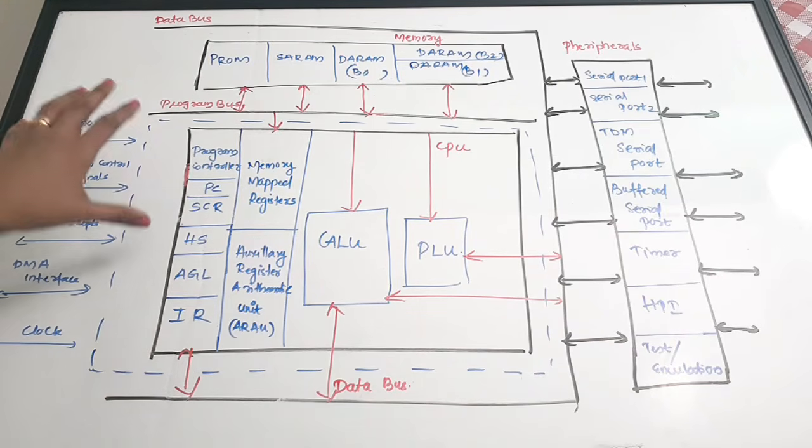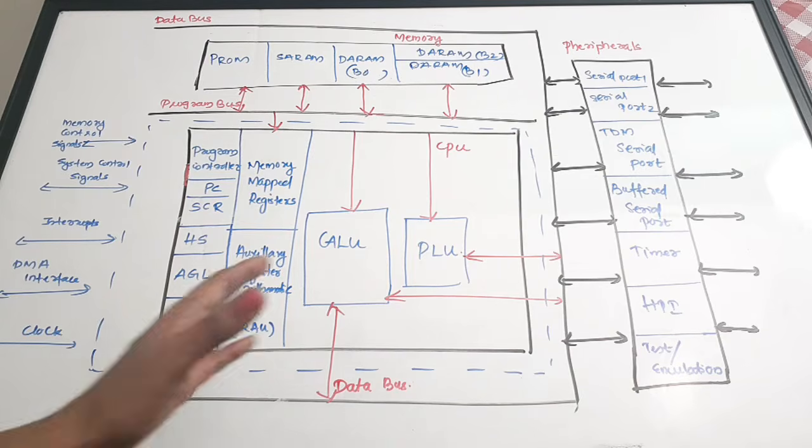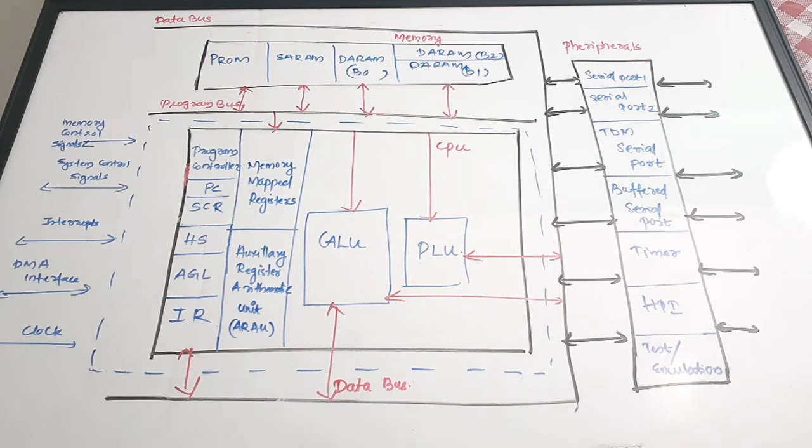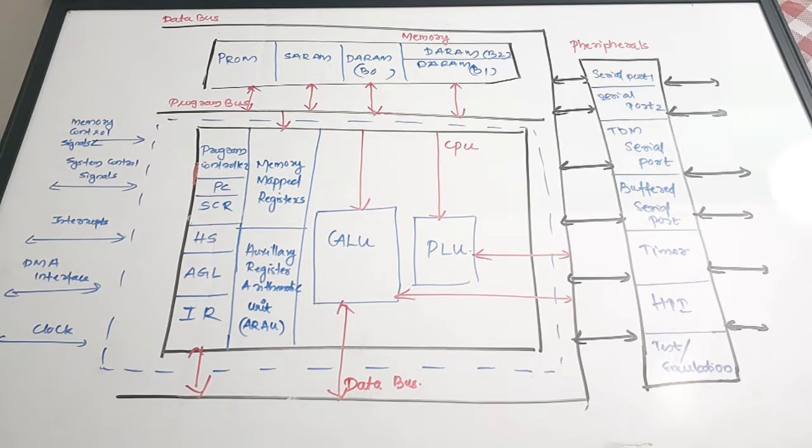And there are also some other signals connected to this processor architecture: memory control signals, system control signals, interrupts, and then there is the DMA interface. There will be one port for DMA connection and DMA transaction. Okay, and also there is a clock.